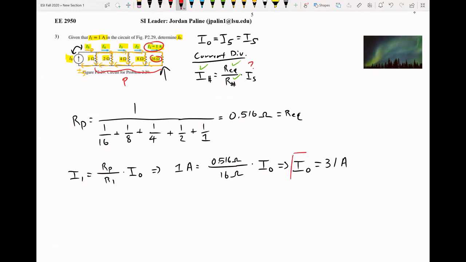Okay, so all we're doing here is using the current division equation and working backwards. And this is a question I've seen in the past, and it's a very good test of your knowledge.